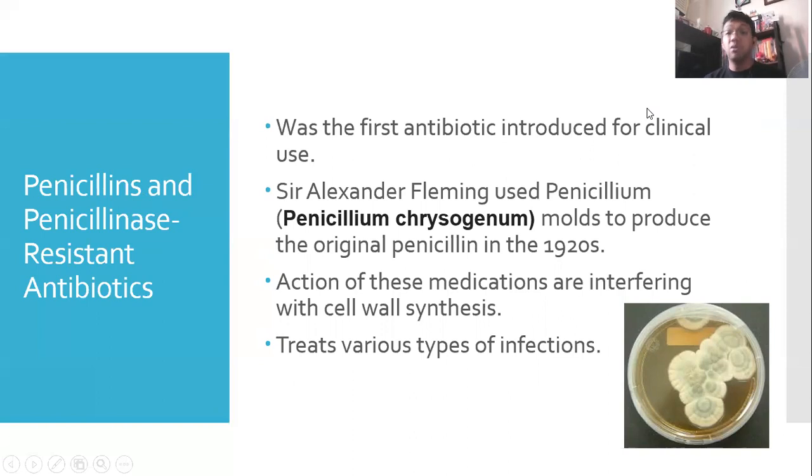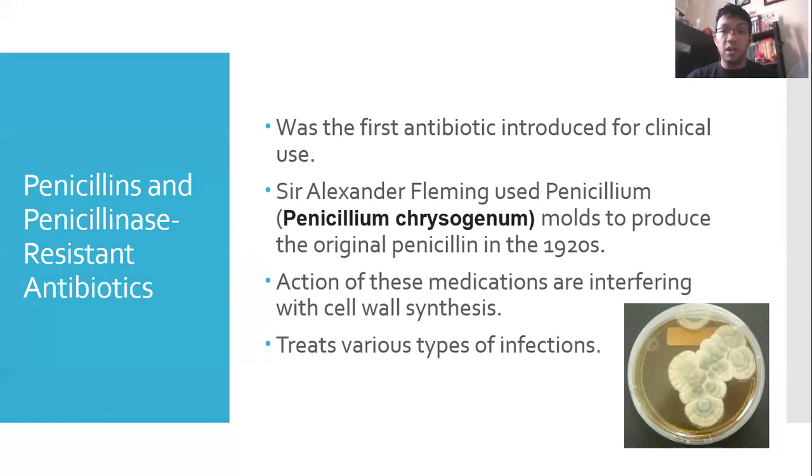Okay, now we go to the first type of antibiotic that has been produced, penicillins, together with, of course, the penicillinase resistant antibiotics. This was the first antibiotic introduced for clinical use. It was Sir Alexander Fleming, an Englishman, who discovered it by using Penicillium molds. Remember the scientific name of the mold that is used to produce penicillins?